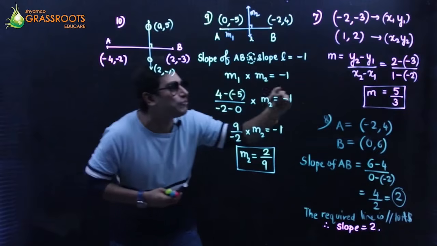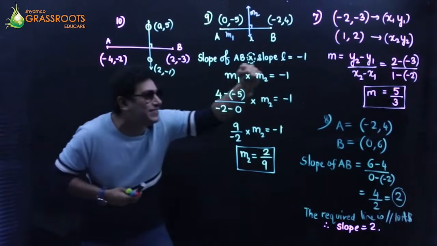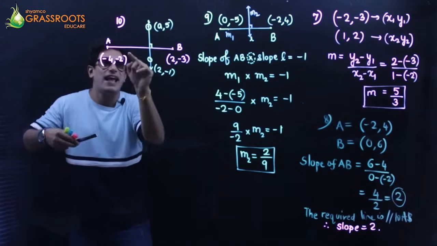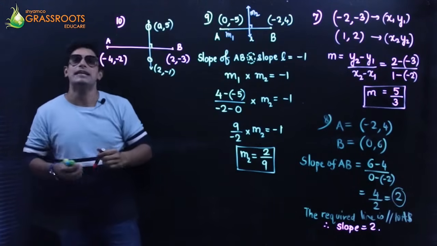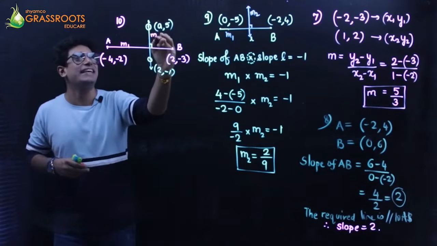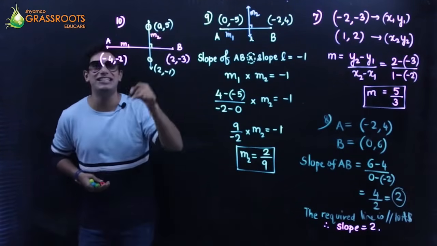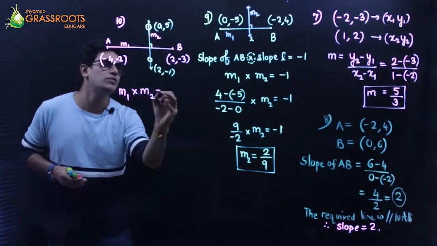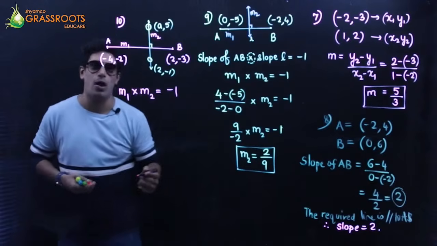I'm going to use the same concept here, because for perpendicular lines M1 into M2 is minus 1. Let's say M1 is the slope of the pink line and M2 is the slope of the green line. So M1 into M2 is equal to minus 1. Same way I can write it down.